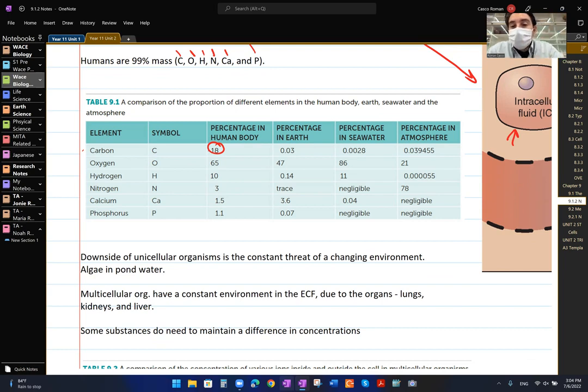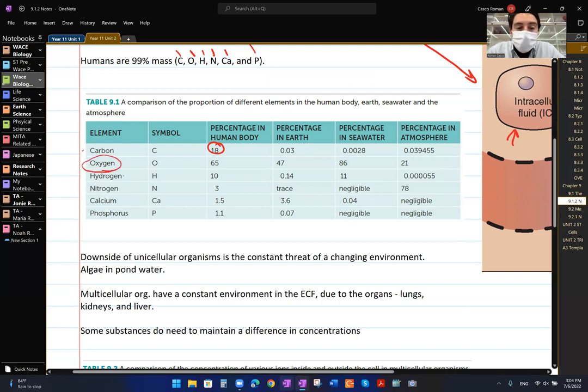If you were to compare that to the percent of carbon on Earth, it's only 0.03%, which is very interesting. We're quite opposite in terms of relative percentages.